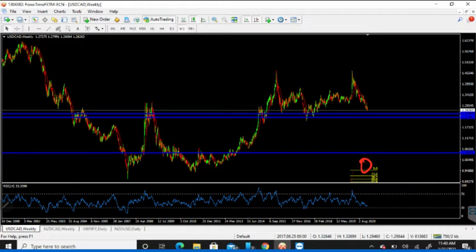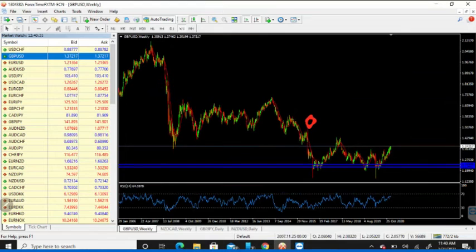So I still think USD CAD is going to come down somewhere to this zone, so you have to watch out for that. If you want to scalp a buy on that for a short time, you want to be careful doing that, because I still think it's going to go down. So this is my bias on that.